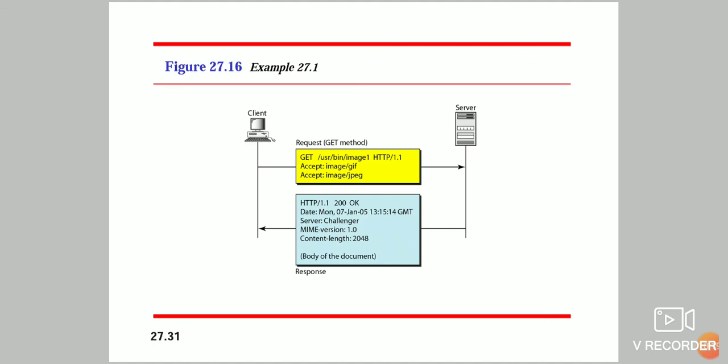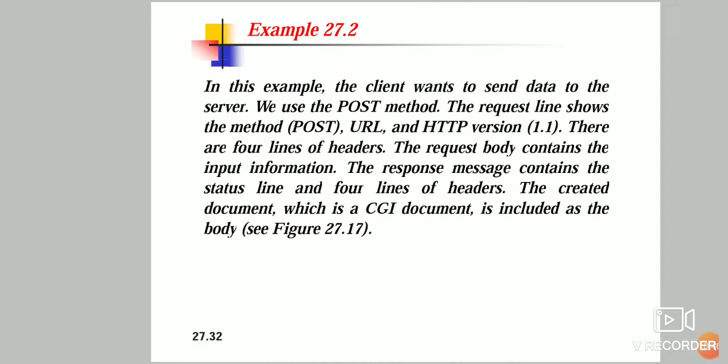I'm requesting the server, and the server is providing me the image. So I can see it or download it. You can see other contents like HTTP version 1.1, 200 OK meaning I can download, and a date, which is the timestamp. MIME version is 1.0, and content length is 2048. And finally, you get the body of the document. So this is how your HTTP works.